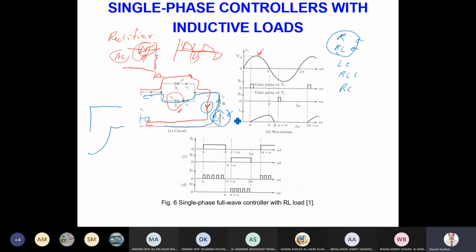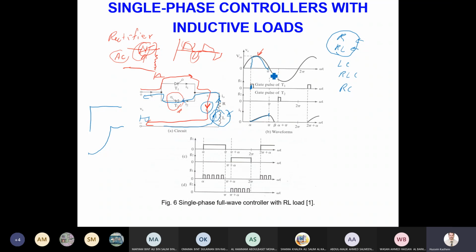For that, at this point we trigger the thyristor and the voltage appears across the load in this way, but the current increases gradually. We reach pi, and the voltage reverses its direction.